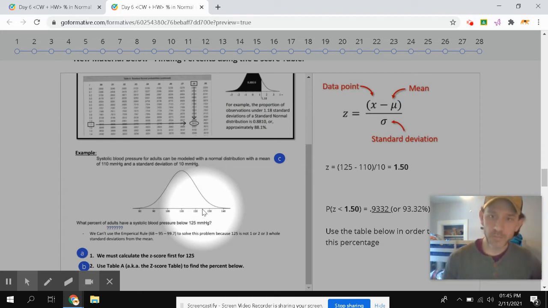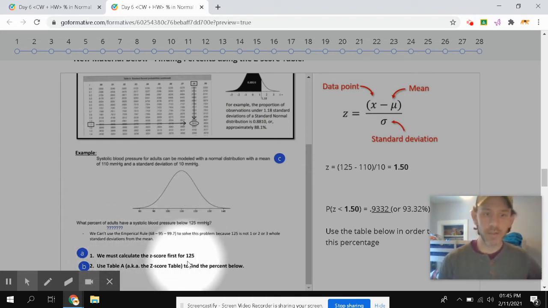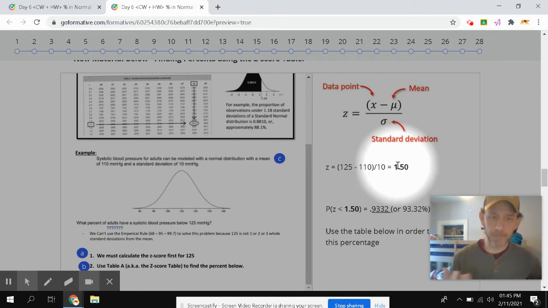Well, here it is. The first step is to calculate the z-score. So what did we do? We take z equals the data point, that's the data value, that's the 125, minus the mean, which is 110, and all divided by the standard deviation. And we've got a z-score of 1.50, okay?